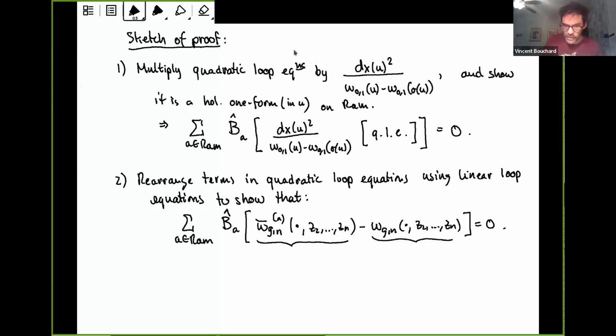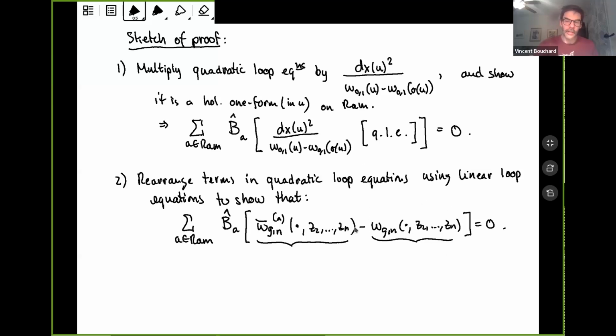And this is the omega GN. So in omega bar, there's no omega 01. What you're kind of doing here is singling out or extracting the contributions from omega 01 in the quadratic loop equations. And then you show that they basically cancel with the denominator and you can isolate omega GN.